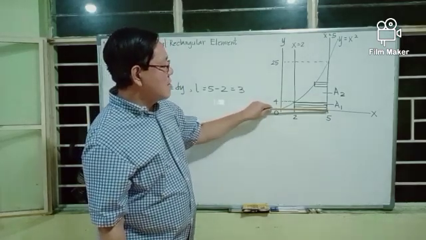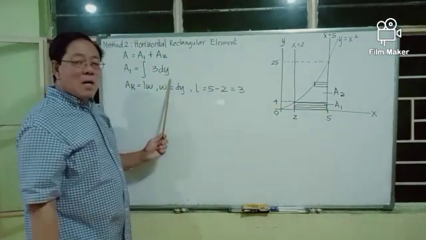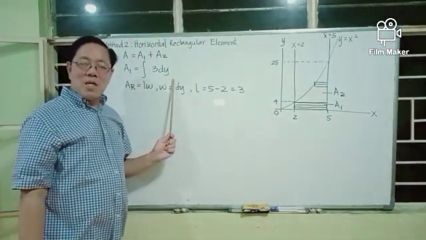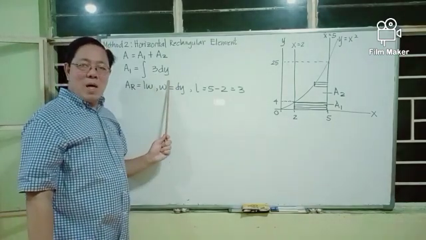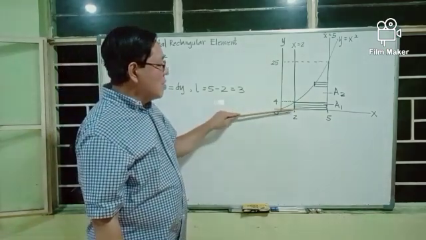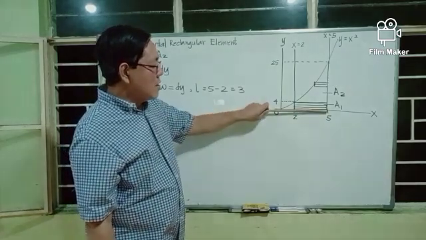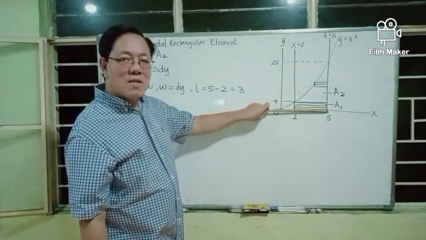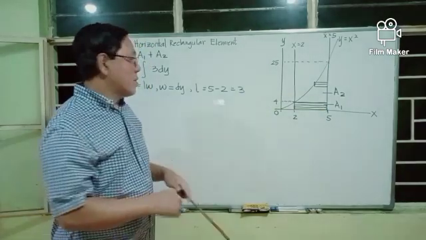Now the variable of integration is y. So we integrate this with respect to y, and we evaluate this for values of y from 0 up to 4. We take horizontal rectangular elements from the x-axis where y is 0 up to this point where y is 4.